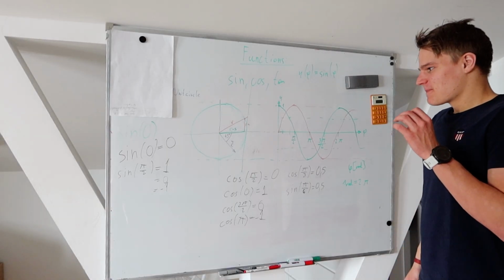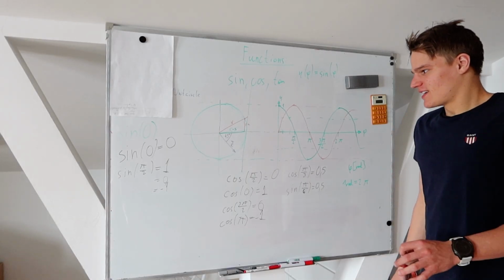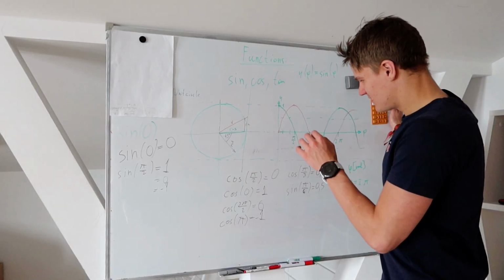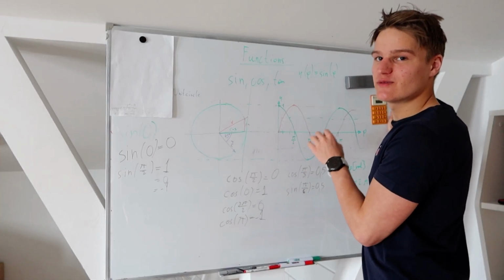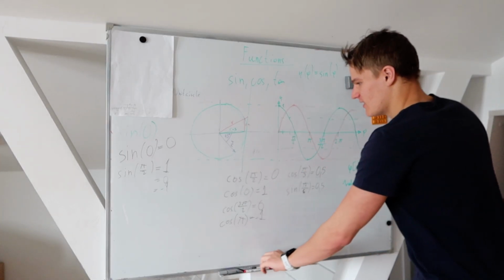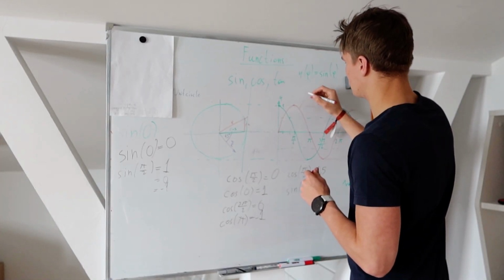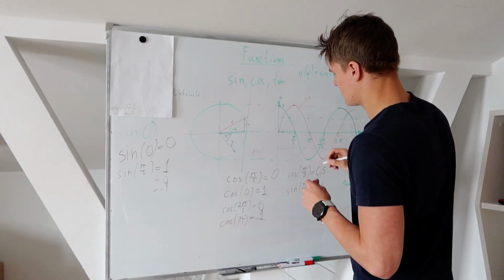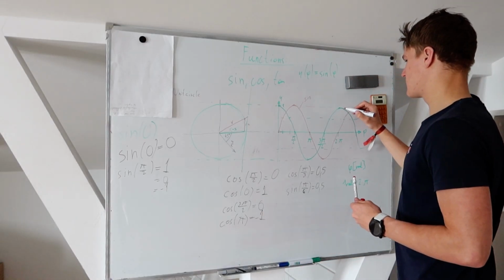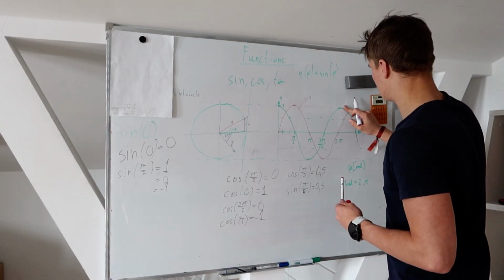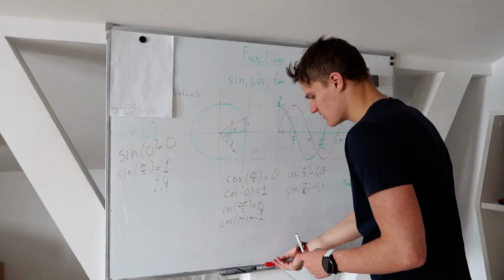Cosine, sine are just waves. Now, why is it like this? So this is what a cosine and sine function actually look like, right? And let me write that this is a sine function and this is a cosine function. But remember, this is just the standard function, guys.